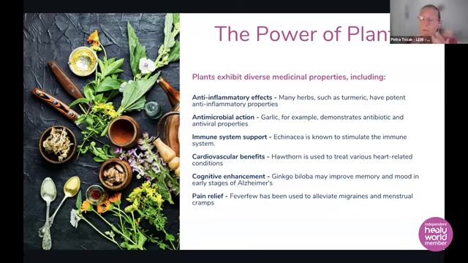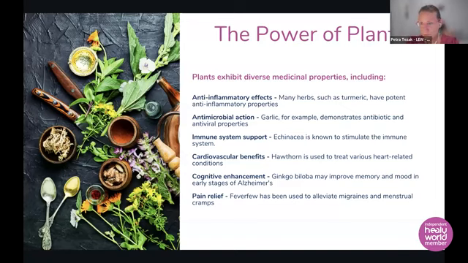They also support our immune system, which is the most important part of our defense. For example, eucalyptus is known to stimulate the immune system, and it helps activate the body to extract all the toxins and gives the protection that we need. They also support the cardiovascular system, our heart.